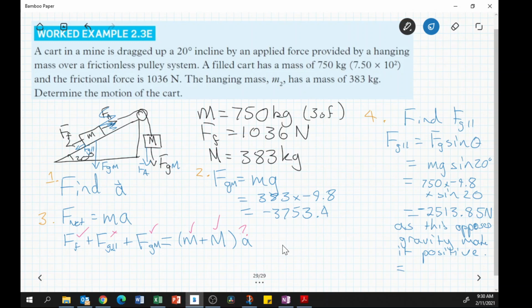So FG of little m parallel equals 2,513.85 newtons.